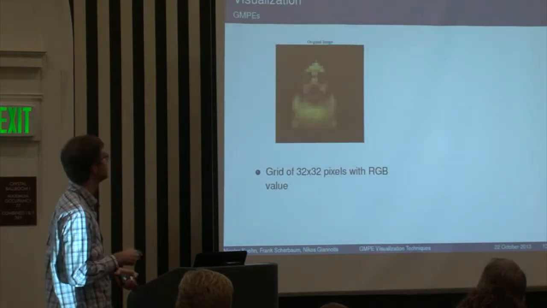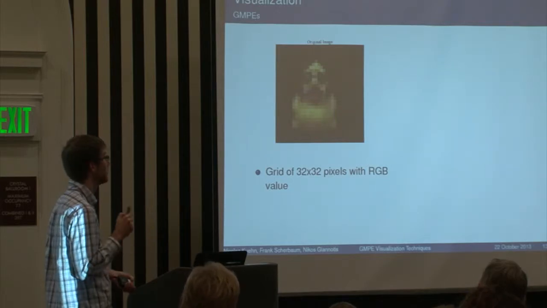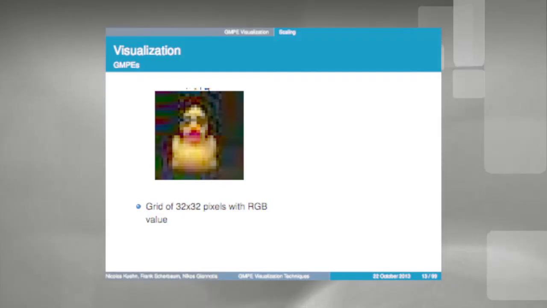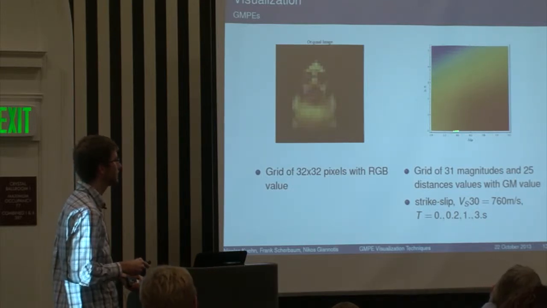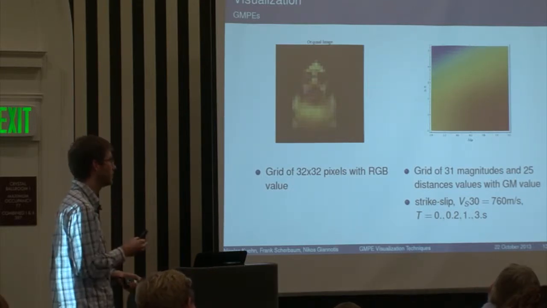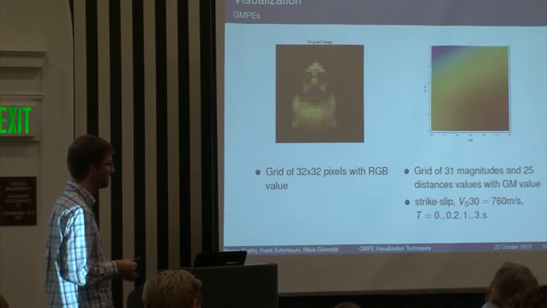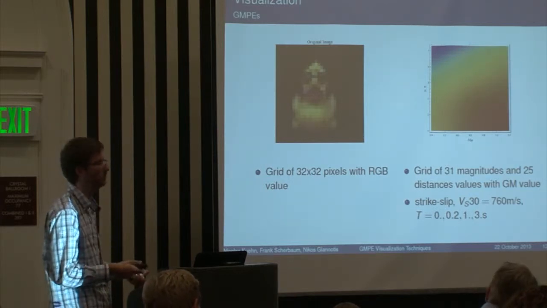So now we come to GMPEs and how actually a GMPE is similar to a picture of a rubber duck. Basically, here we just have pixels with different RGB values. And what I'm using later is a grid of 31 magnitudes and 25 distances, each with a ground motion value.